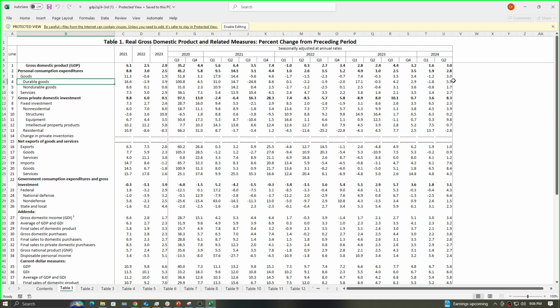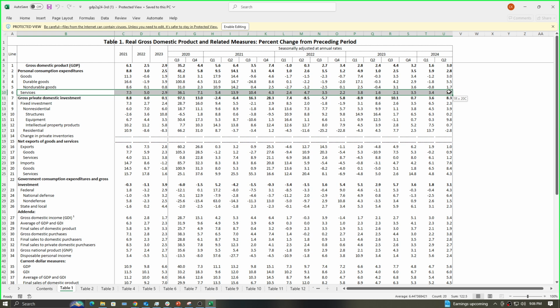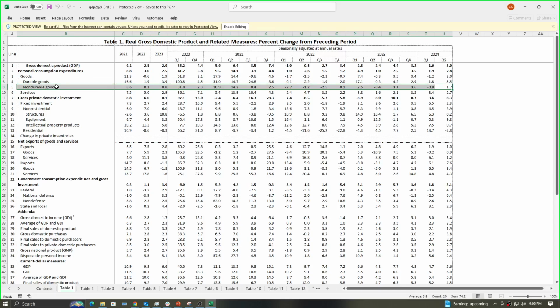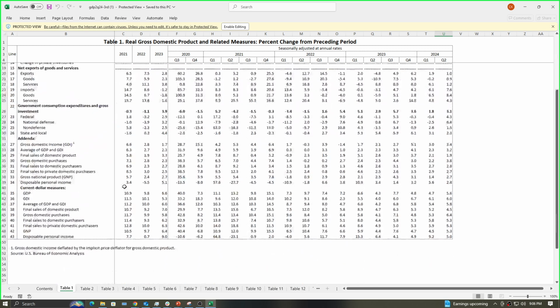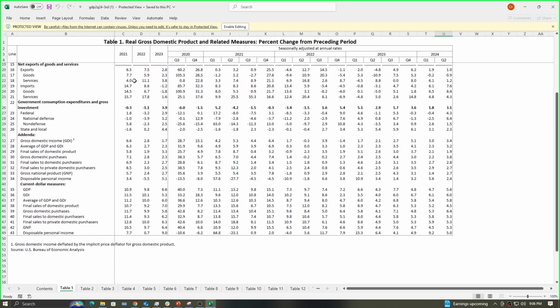Durable goods, we end up having 3%. Non-durable goods was at 5.5. Services was down, we was at 2.7. No, I'm sorry. Non-durable goods was at 1.7, which was down. So the thing is, gross profit 8%. So this breaks it down in details a little bit more.